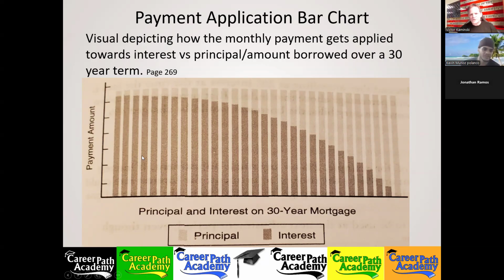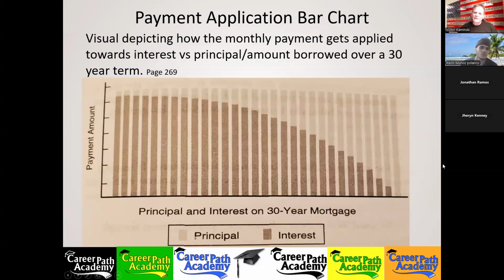For at least the first half of a 30-year mortgage, the majority of your mortgage payment gets applied towards the interest, not to pay down the principal. So that's why if you make an extra monthly mortgage payment, applying it only towards the principal, you could reduce how much they charge you on interest.